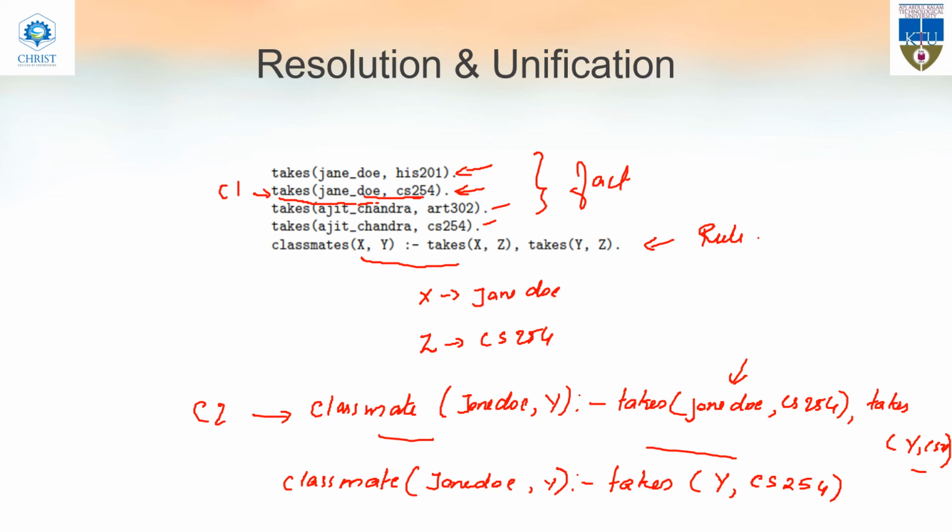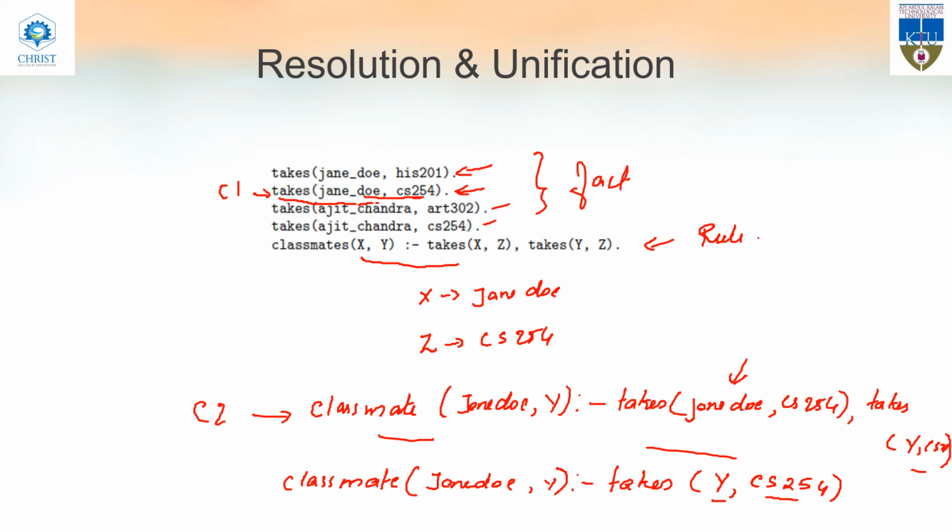The specialty of unification is that you have two terms here. One is a constant term, which is CS254, and capital Y is a variable. In unification, a variable can take any value, but a constant cannot be changed.